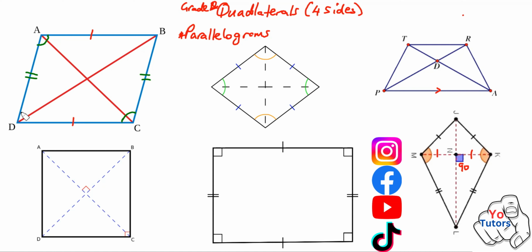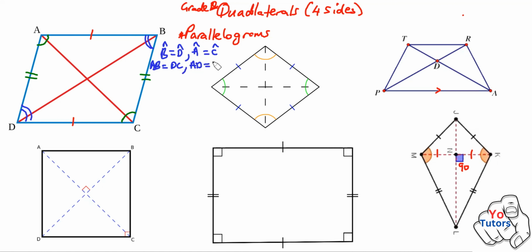So B is equal to D, and also A is equal to C. Then we can also say that AB is equal to DC, and also AD is equal to BC. That's what we have explained so far.